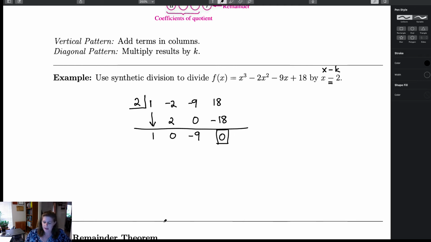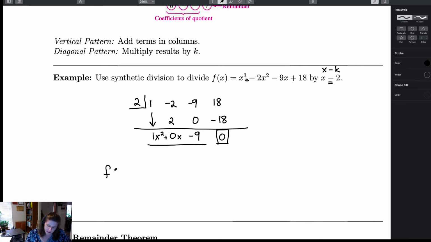So if I have a 0 here, then it is a factor of our original function. This part here is our quotient. So if we started with a cubic function, then whatever is left here is one step down from that. So I would be left with x squared, or 1x squared, plus 0x minus 9 here.